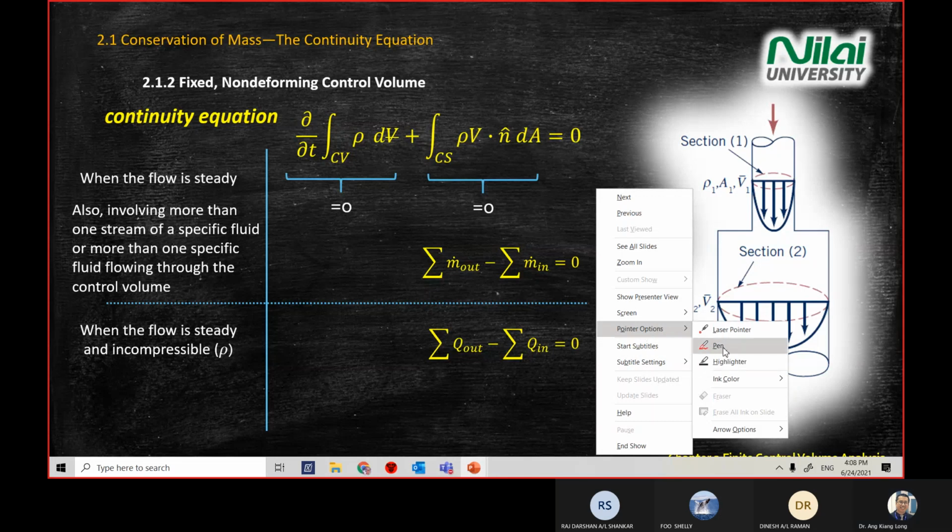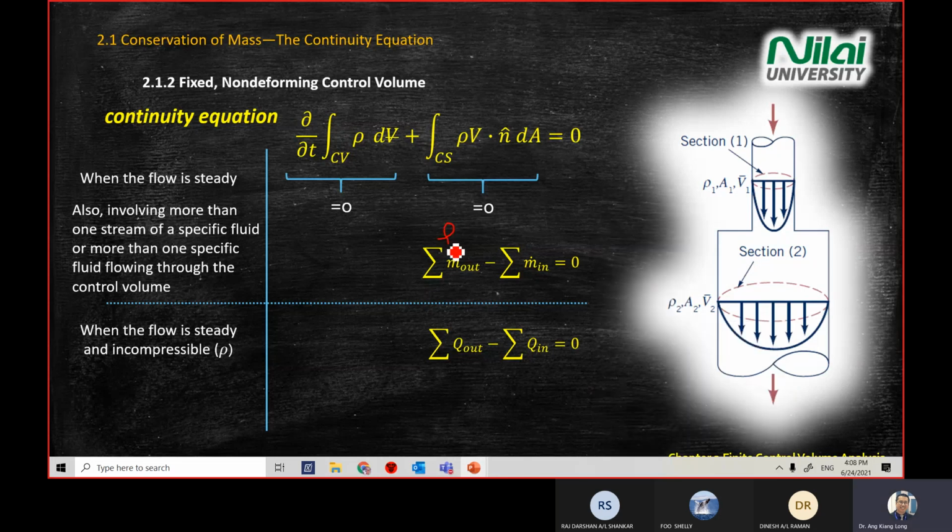Just a note: without the hyphen, V means velocity, when the volume is represented with this symbol. So be careful when you write your answer in your answer sheet, because in this module we will see a lot of volume and velocity. So be careful in using the capital V.